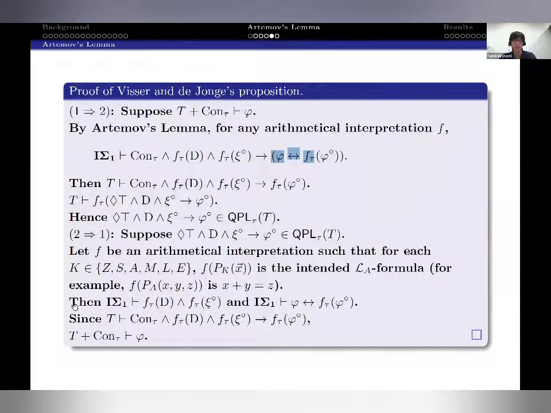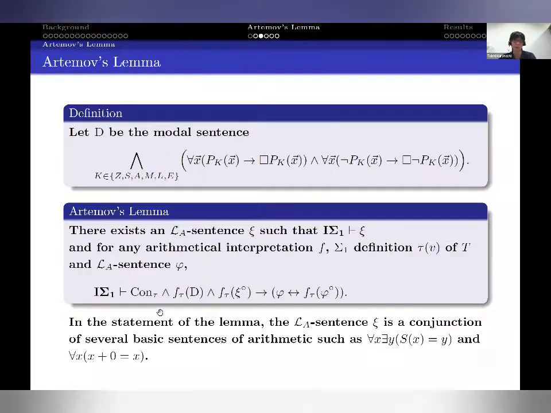And then it is easy to show that I sigma 1 proves F tau of D, because this formula is delta 0, and D states that PK and the negation of PK are complete.